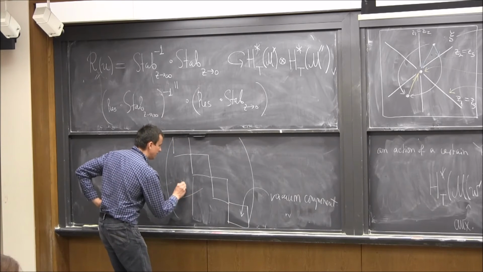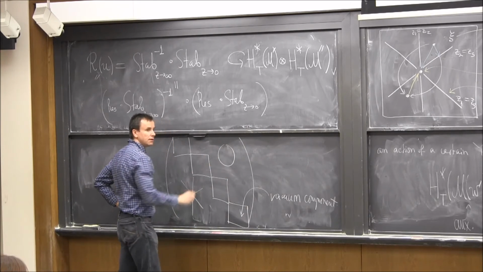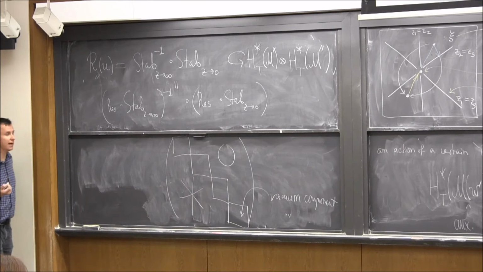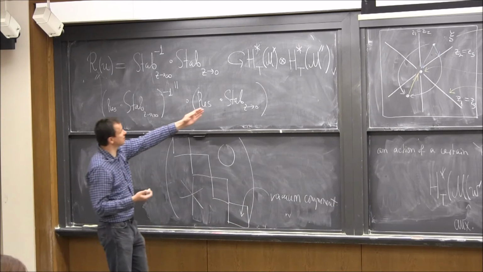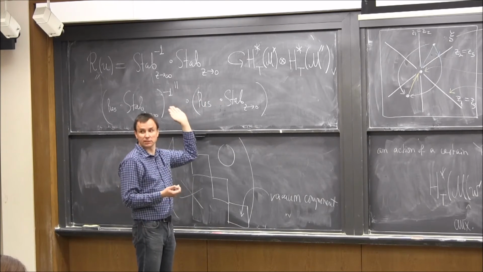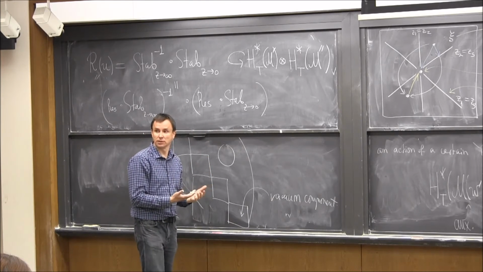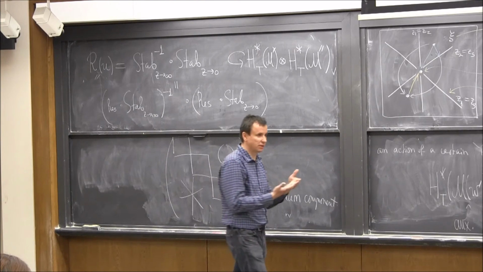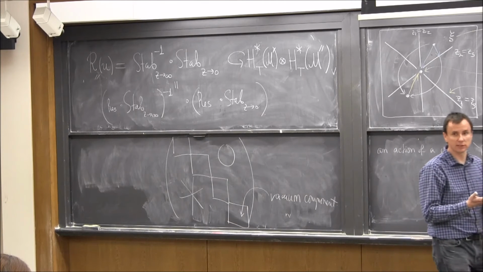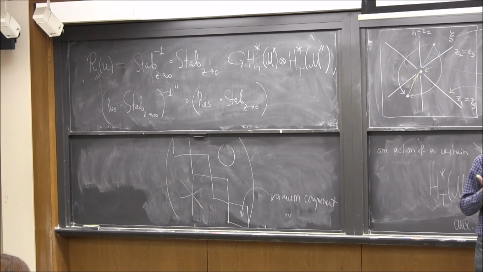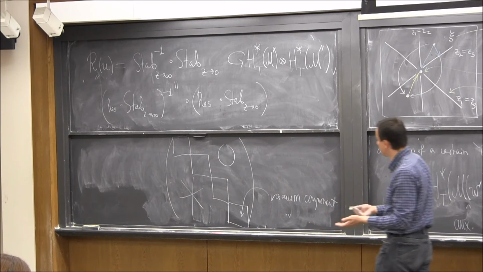There's some stuff here, and there's 0 here. What's on the diagonal? On the diagonal, we have to take the attracting manifold and restrict it back to the fixed locus. When you do that, you get the Euler class of the normal bundle to the attracting manifold. And so it's the Euler class here.